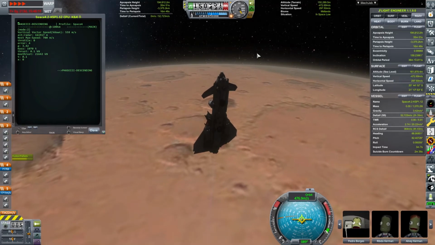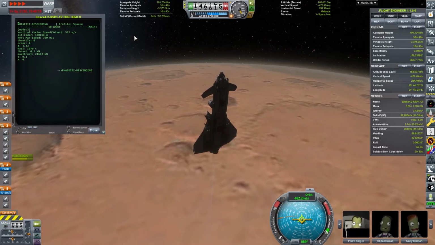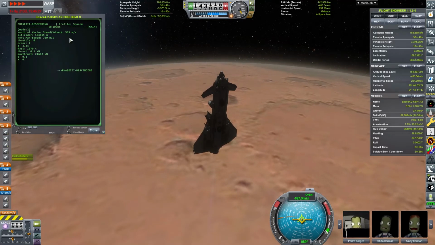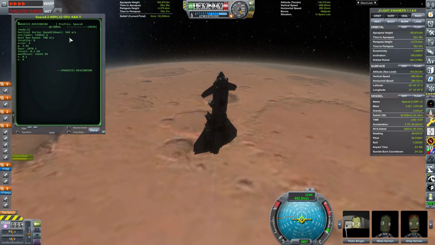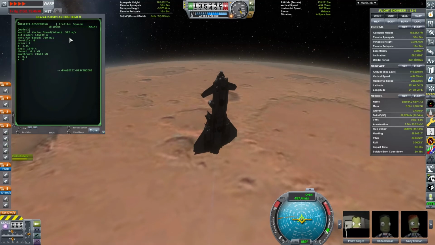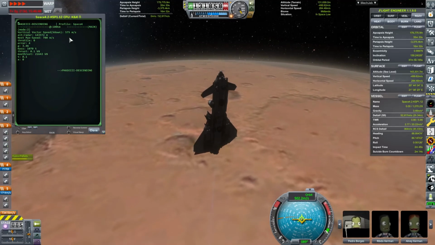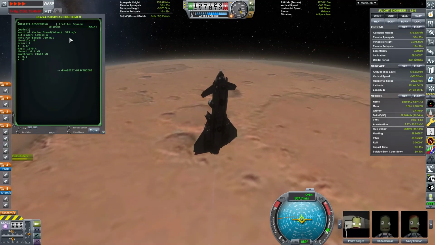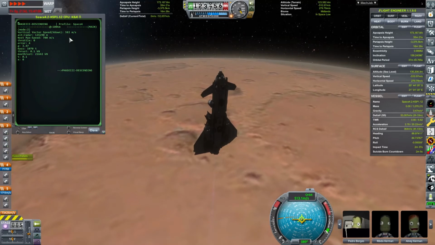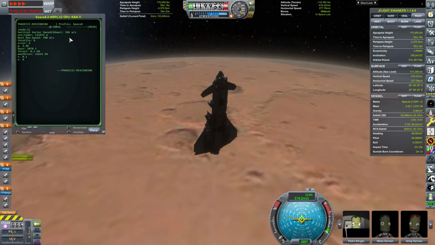Everything is going smoothly. As you can see, we keep increasing our vertical velocity. So everything is as it's supposed to be.